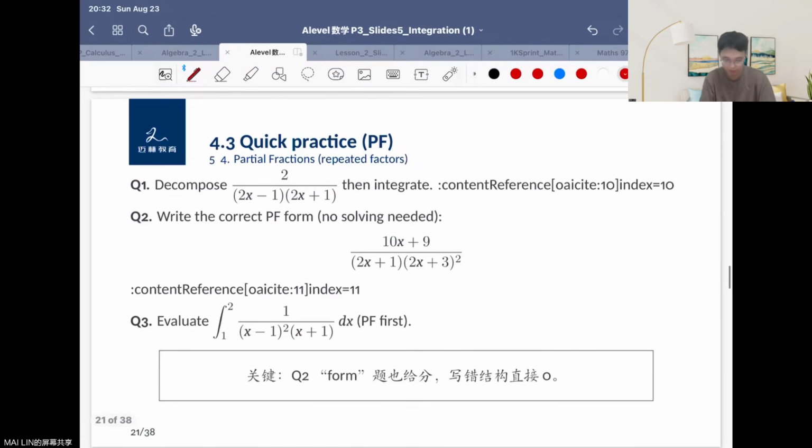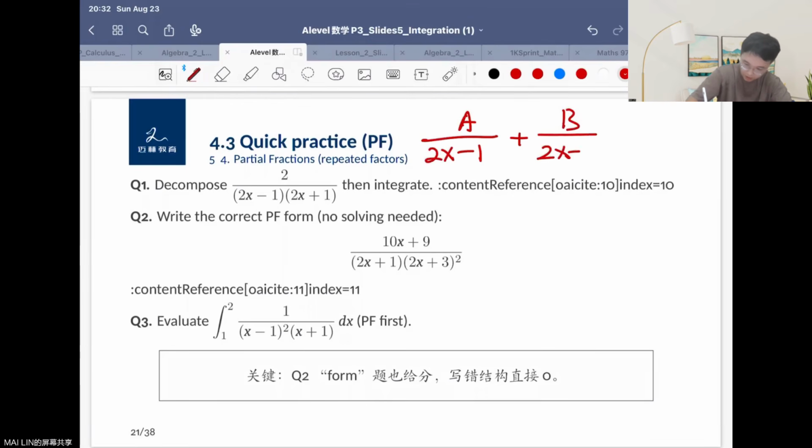I will give you some quick practice. For the first problem, we have two factors multiplied together: 2x minus 1 and 2x plus 1. So you can divide it into A over 2x minus 1 plus B over 2x plus 1.